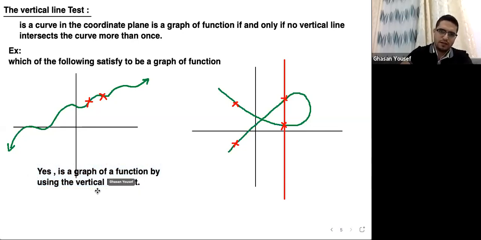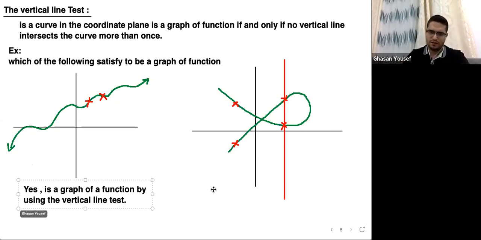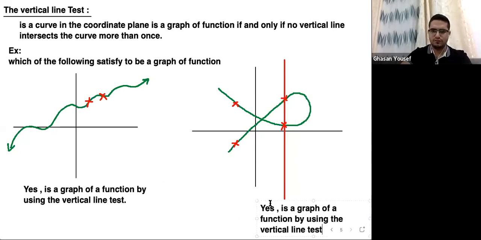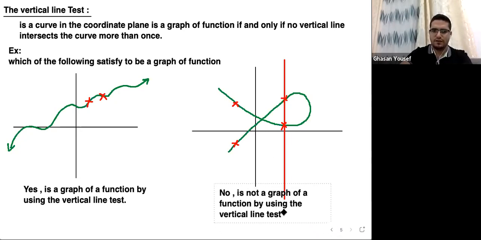But the second one does not pass the vertical line test, which means this curve does not represent a function. It is not a graph of a function, because it fails the vertical line test.